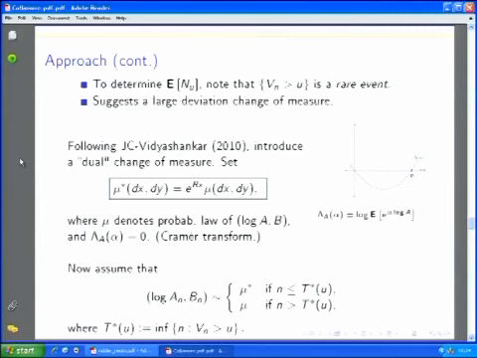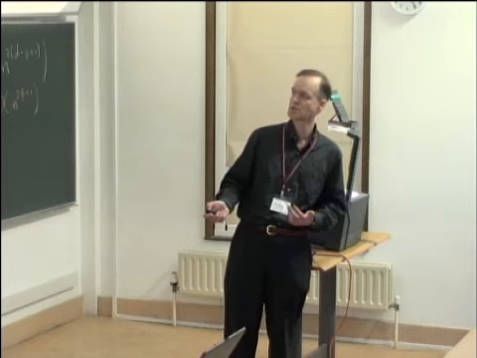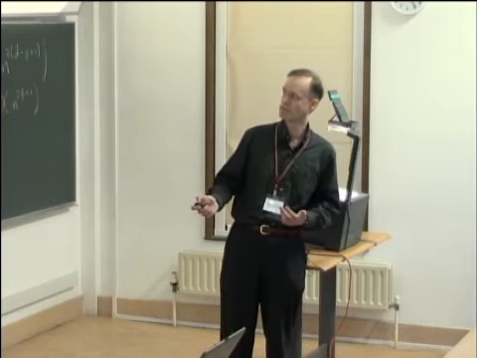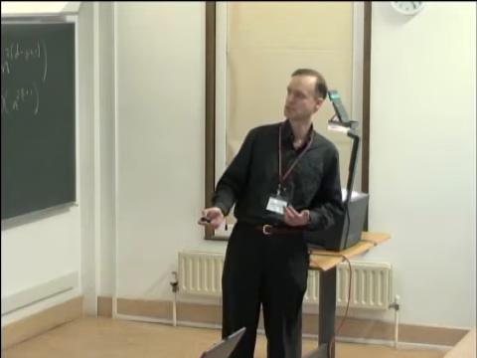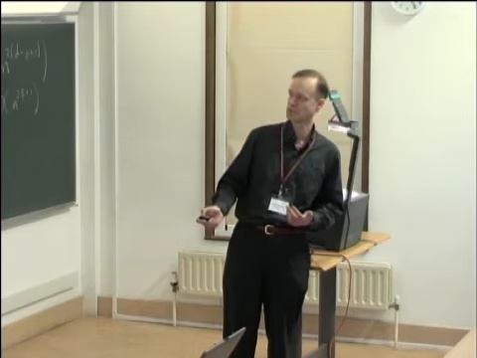First of all, we observe that this is a rare event, and so this suggests that we can estimate it by means of a large deviations change of measure. For this purpose, it's helpful to introduce a particular change of measure which we encountered when we studied a theoretical version of this article, where we focus on the 0 point of the random variable log A and introduce a change of measure according to this shift.